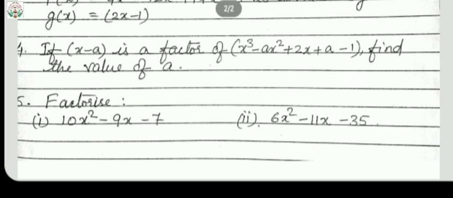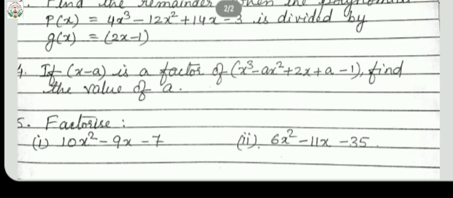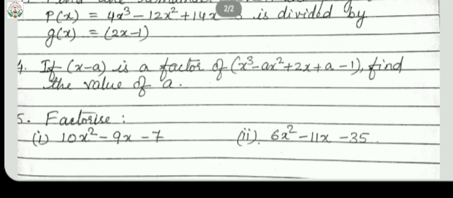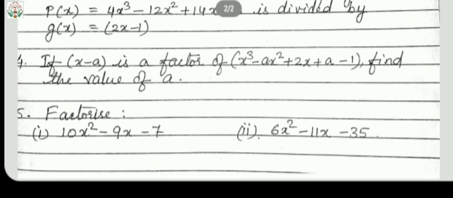Same way, again 6 multiplied by 35, so you will get that AC, since it is in the form ax square plus bx plus c. Take out the factors of that AC, and on simplification you must get 11, and on multiplication you must get the product of 35 into 6.